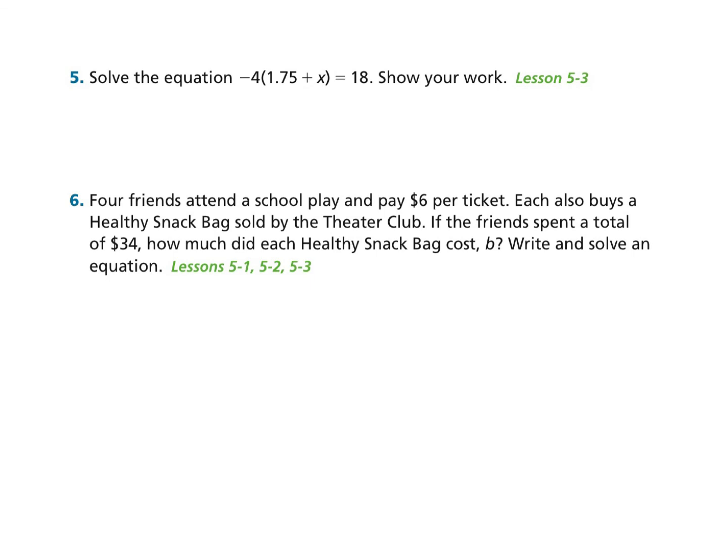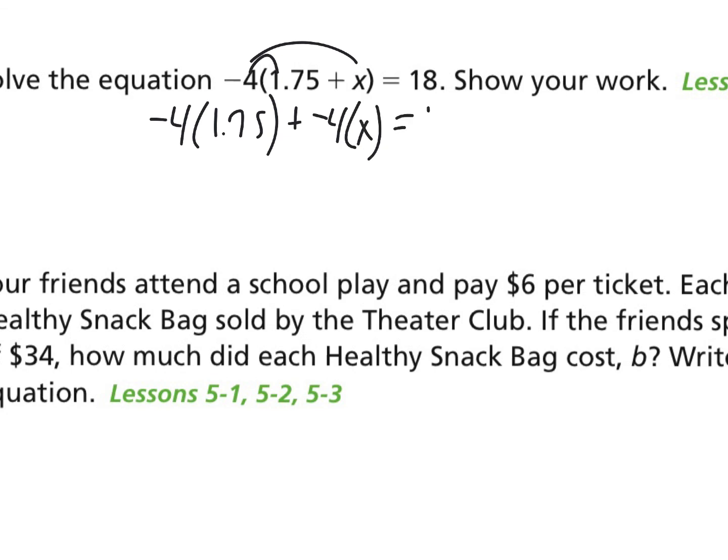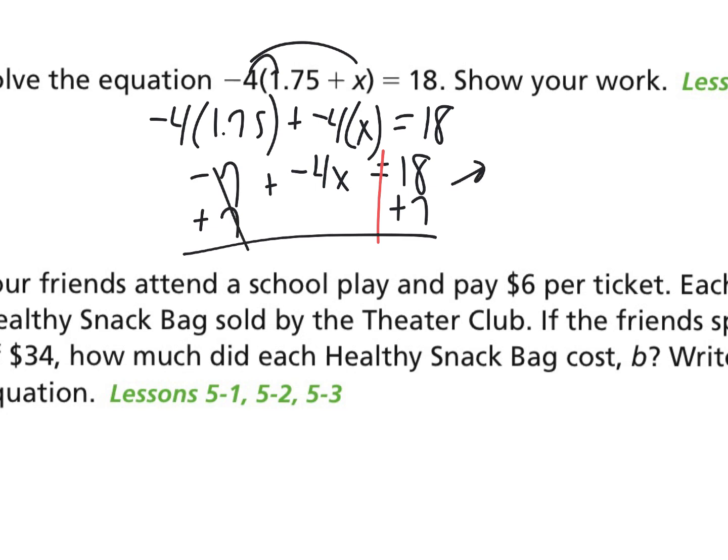Number 5, they want us to solve the equation, so this one would be distributing first. And then try to get the variable term by itself. There's a -7, so we need to add 7 to get rid of that, to get that to cancel.